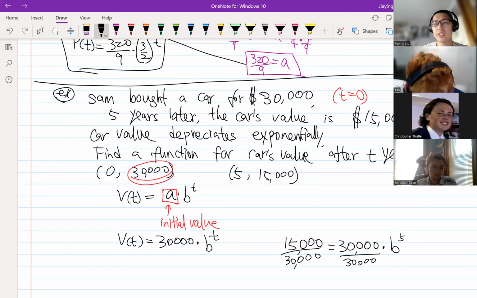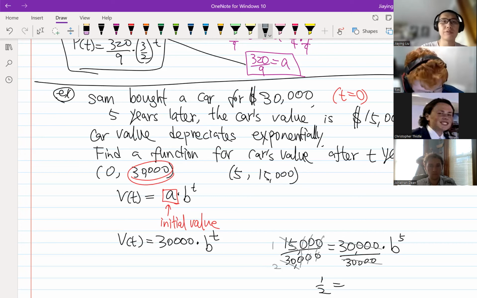So we get 15,000 divided by 30,000. Crossing out the 3 zeros at the end, we have 15 divided by 30, so that's 1/2 on the left. On the right side, dividing by 30,000 becomes 1, so we get b to the 5th power.